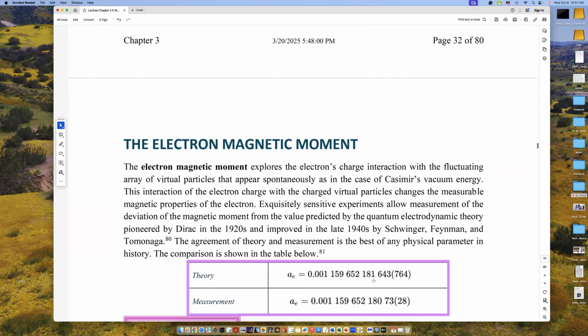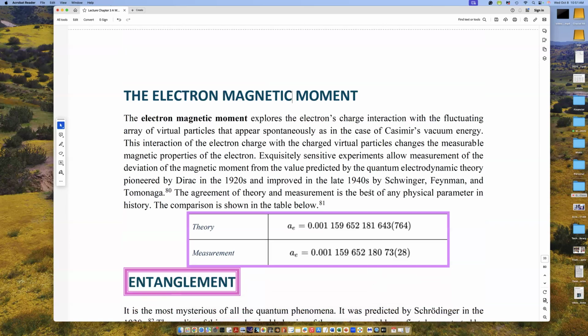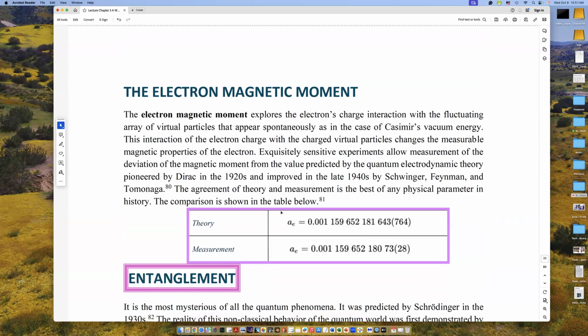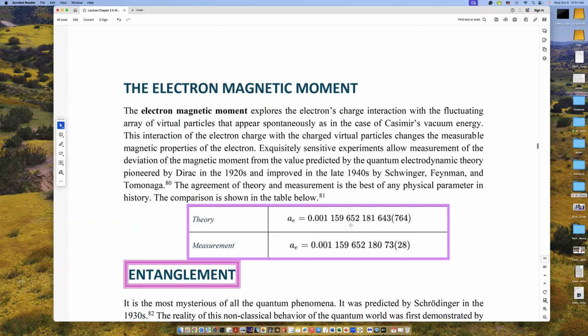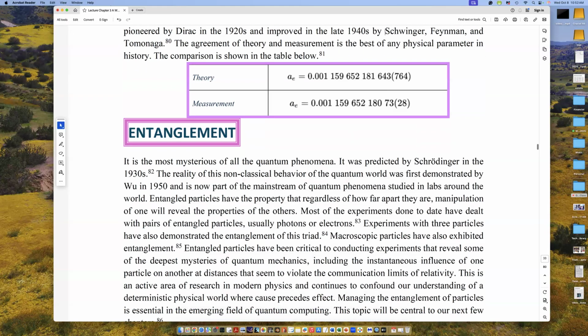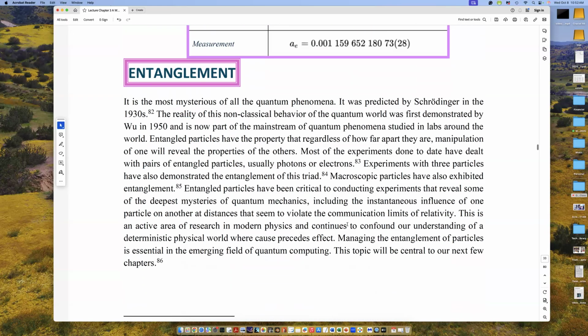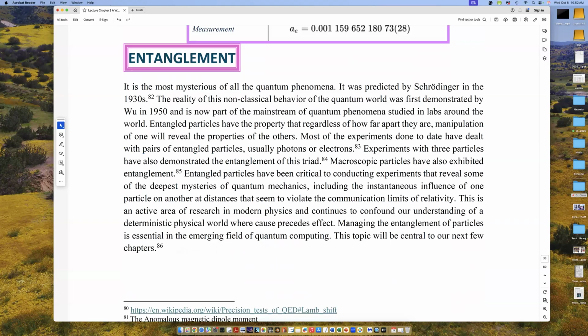And obviously these people were using the properties of quantum physics that they understood at the time to make this prediction. And it comes out right. A deep, deep mystery in quantum mechanics that has now been proven in laboratories. It took a long time to figure out how to do it, but it's proven in laboratories is this issue of entanglement.